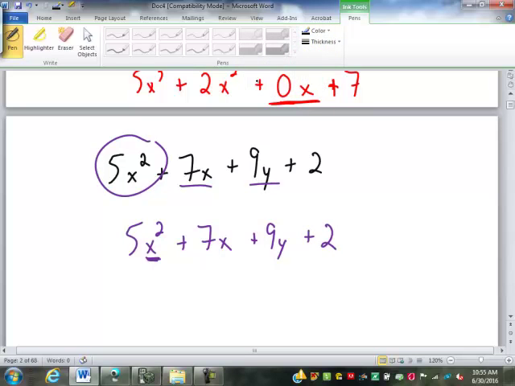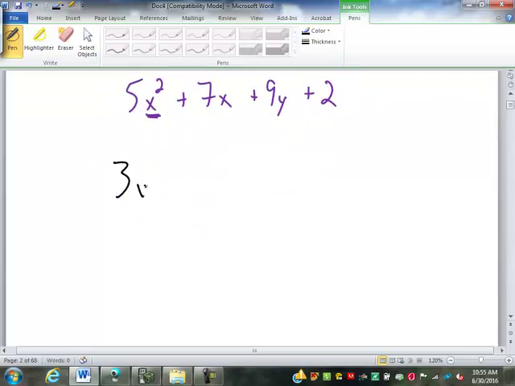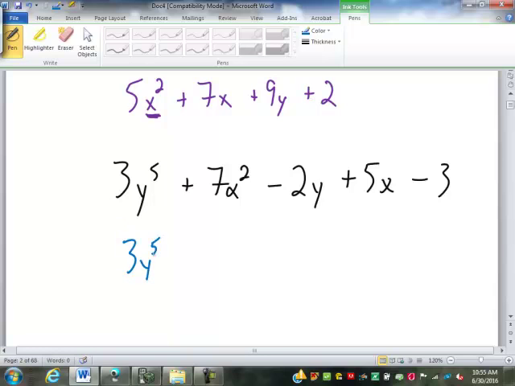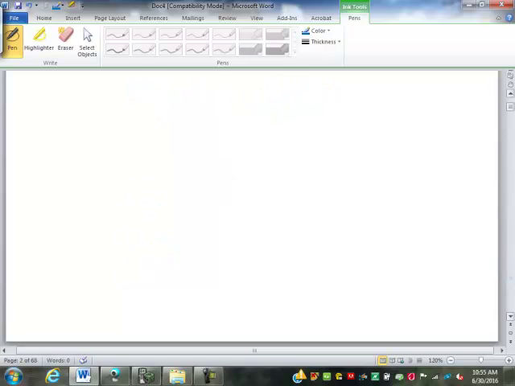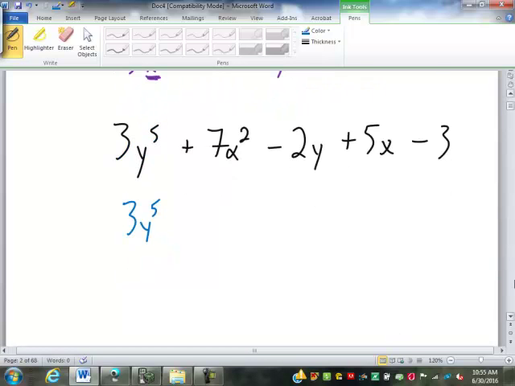So if this were like 3y to the 5th plus 7x squared minus 2y plus 5x minus 3. Obviously, the 3y to the 5th is the highest power. Now, the 7x squared is a higher power than anything else, but since we started with the y's, we should continue with the y's.